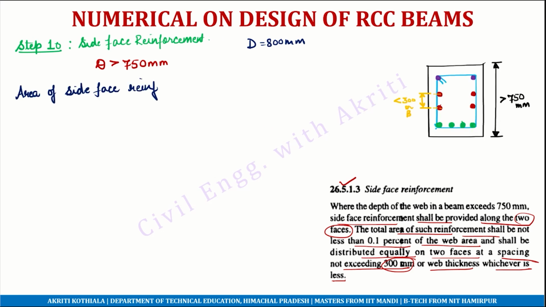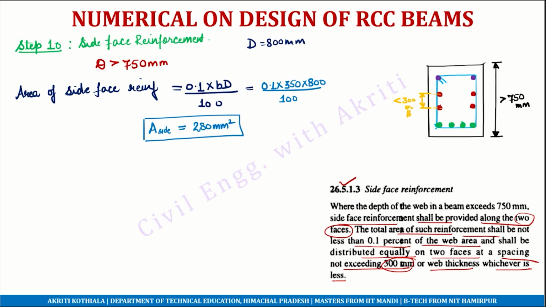The side face reinforcement has to be 0.1% of the web. So web area is B into D, times 0.1, and this is percent, so divided by 100, we obtain side face reinforcement as per clause 26.5.1.3 as 280 mm square.